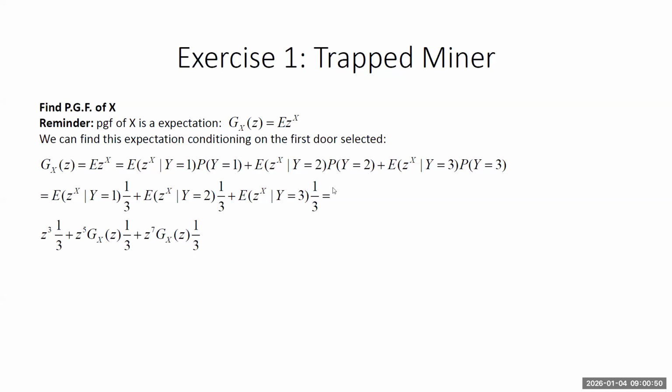What do we have in the next case? The miner goes 5 kilometers, z to the power 5, and the process restarts itself, times g of z. And the same thing here. We have a linear equation for the probability generating function. We solve it and we find the PGF, again using recursion. So this is the PGF.